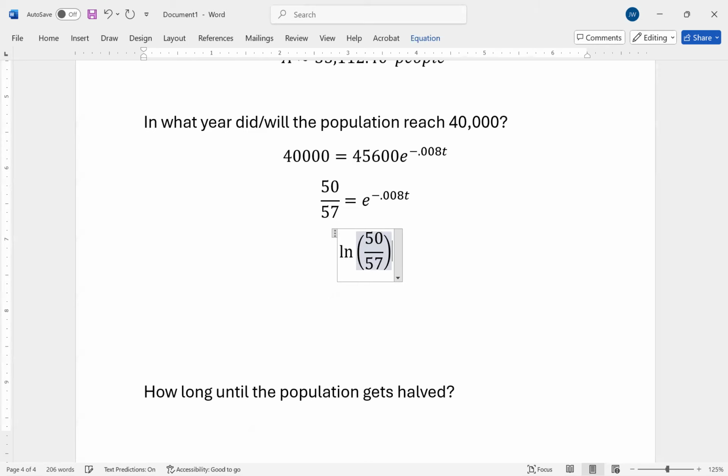By the way, you don't have to reduce your fractions. If you wanted to keep this as 40,000 divided by 45,600, you could keep it that way too, if you'd like. But that's equal to natural log of e to that power.